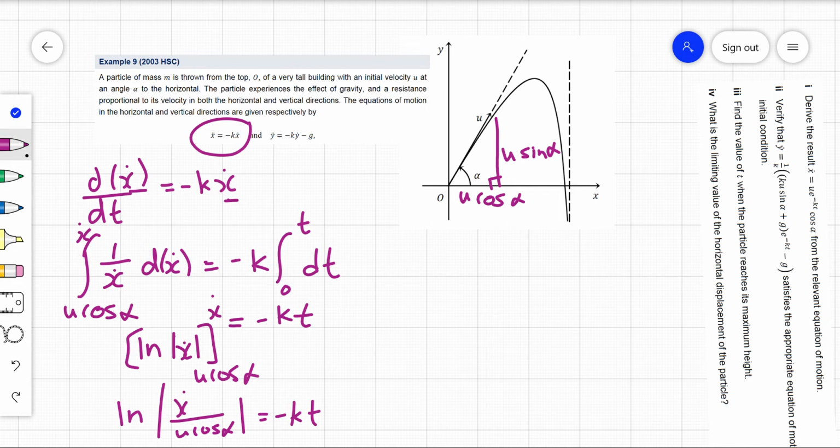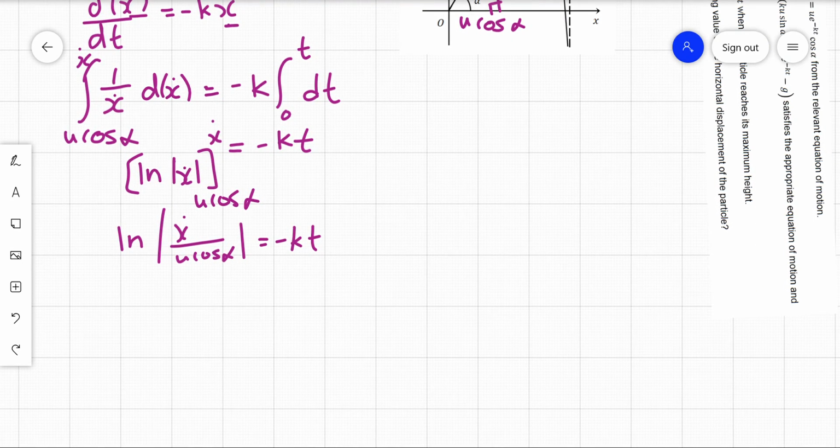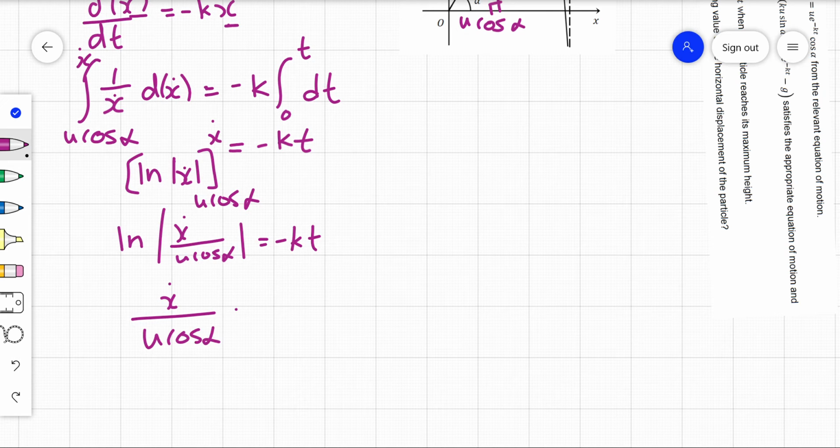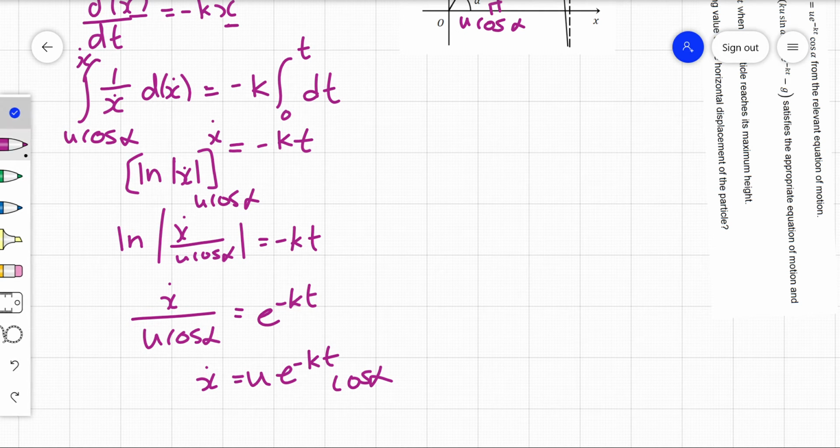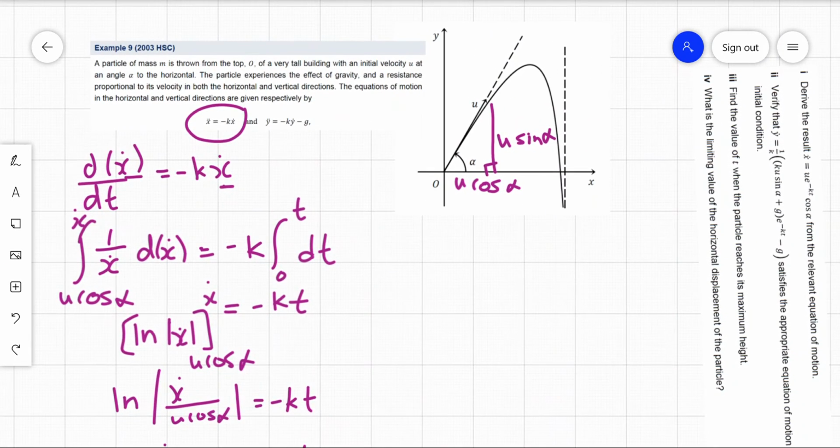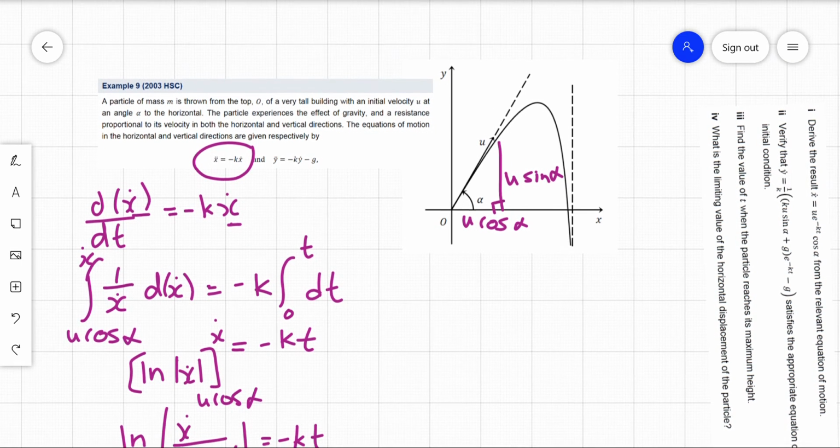Now if I exponentiate both sides, I get x dot on u cos alpha being equal to e to the minus kt, so that has to be positive. I don't need the absolute values. We know what e to the minus kt looks like, and if I just multiply the u and the cos alpha onto this side, I get the result that I was after. Yep, so I get that result.